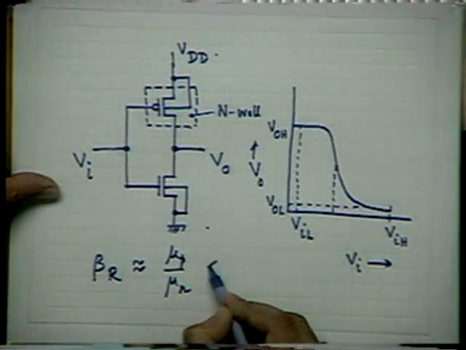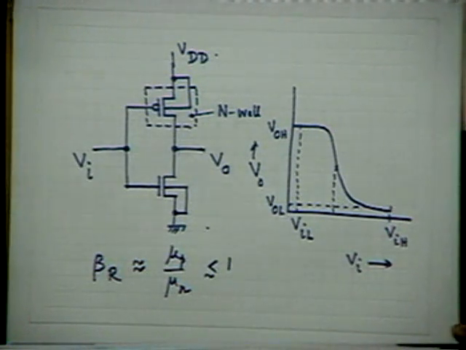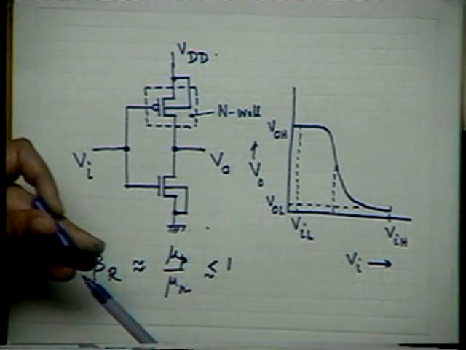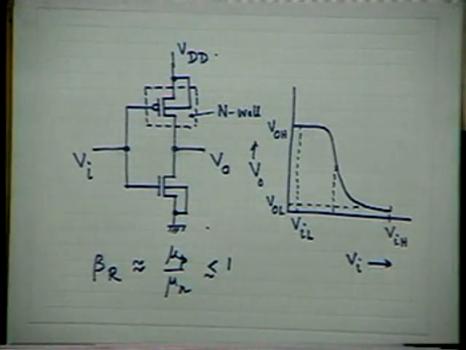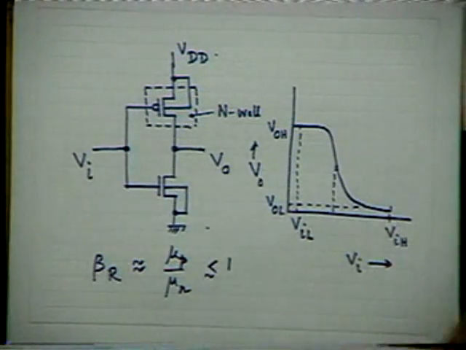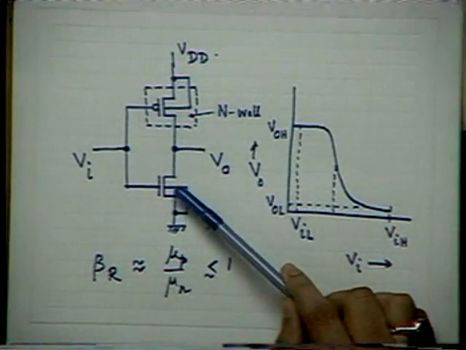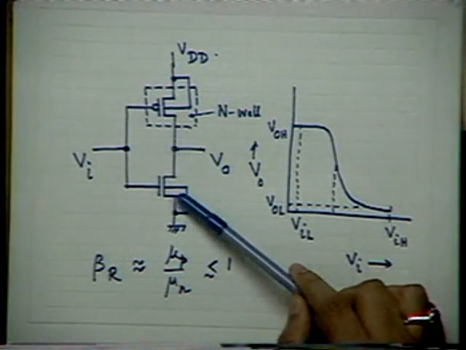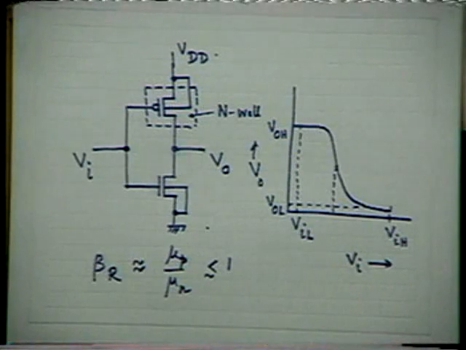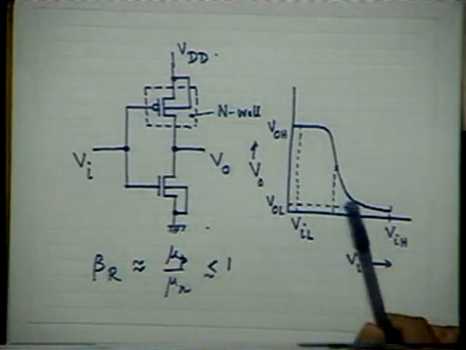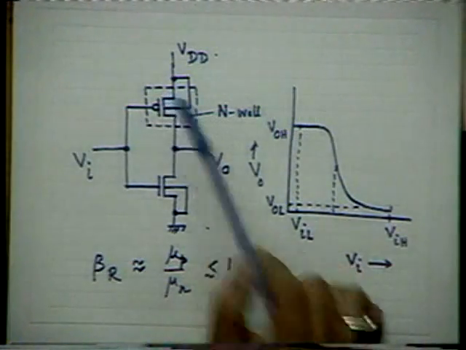Little bit less than 1, very little bit less than 1. Mu p means hole mobility, and mu n is the electron mobility. It can be shown that for optimal operation, the driver transistor should have a W by L ratio which is in fact slightly less than that of the load transistor, which is just the opposite of the other cases. You have seen in all other cases, the driver transistor should have a much higher W/L ratio compared to the load transistor.